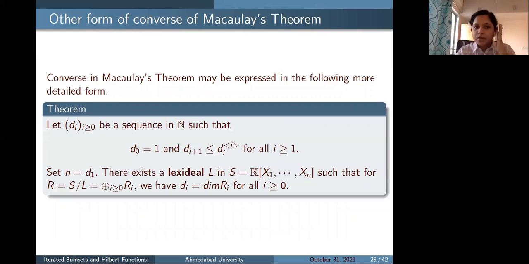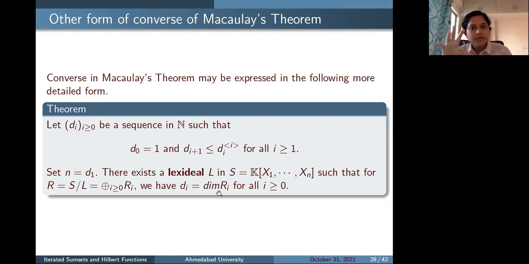From the converse of Macaulay's theorem, we can say that suppose I have a sequence in N so that it satisfies d_{i+1} less than or equal to d_i^{<i>}. Then there is a graded algebra so that this will happen.